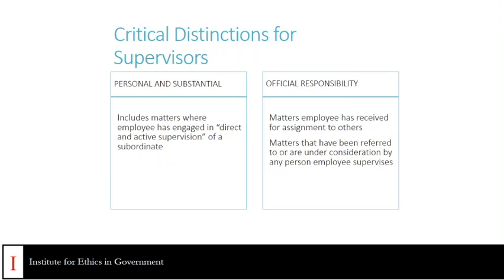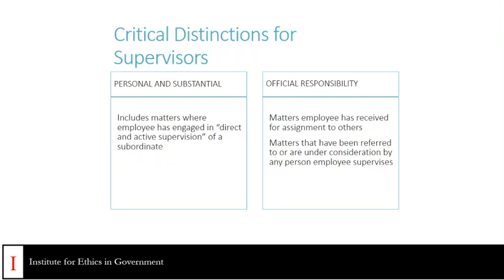That is distinguishable from matters that are pending under official responsibility. Matters that are pending under the employee's official responsibility are matters that the employee has actually received for assignment to others, and those may be matters that they have yet to participate or may never participate personally and substantially in.